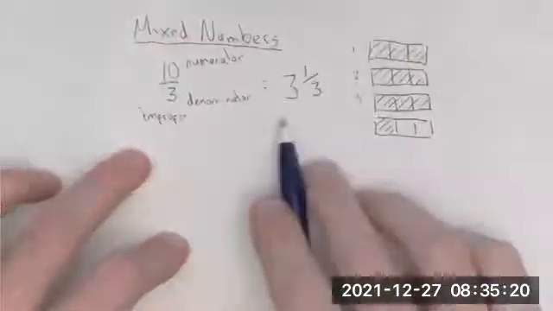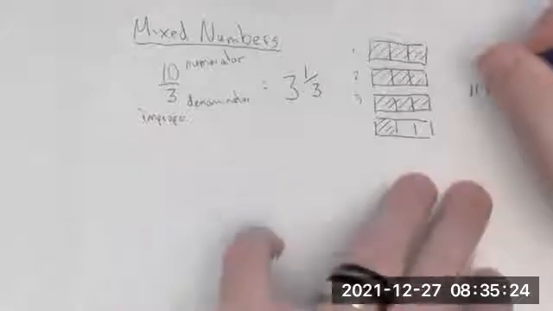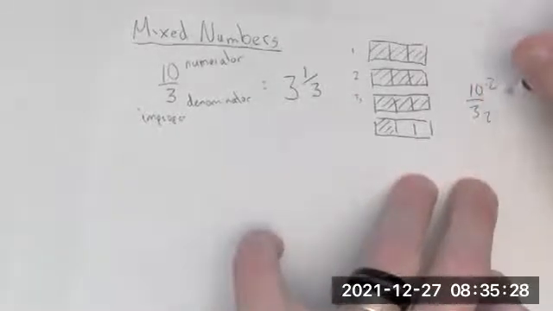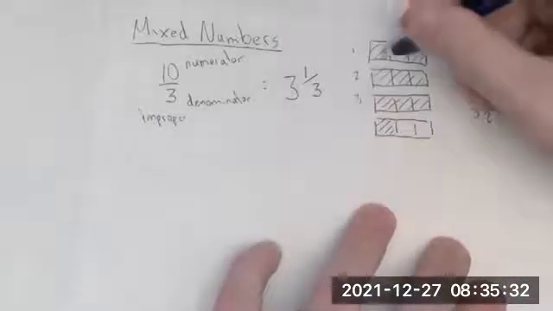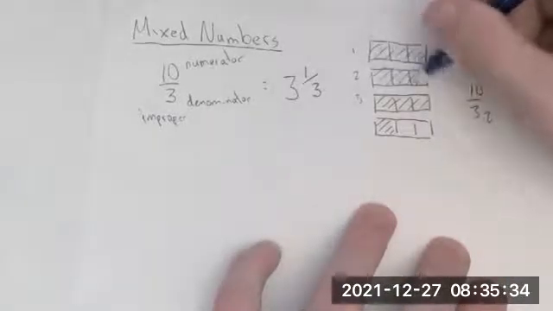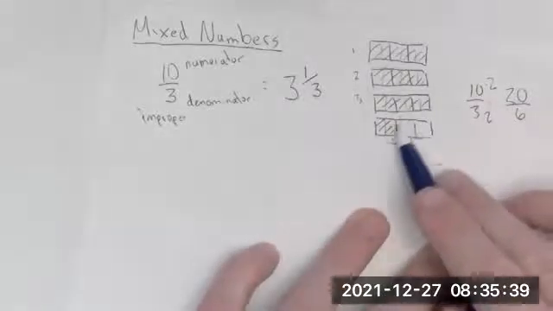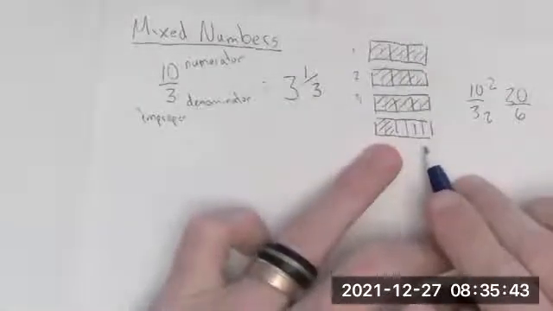But again, when talking about reducing or unreducing, if I were to multiply by 2, I could say that 10 over 3 is the same as, if I double each of them, 20 over 6. That would be the same as, like we said last time, if I cut each of those in half and were to count out, there's 20 over 6 parts in the candy bar now.